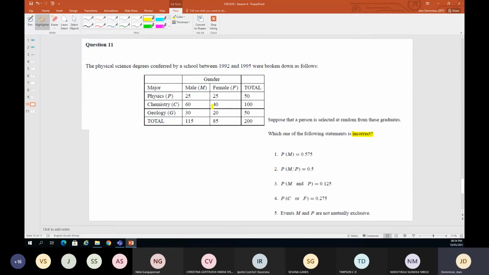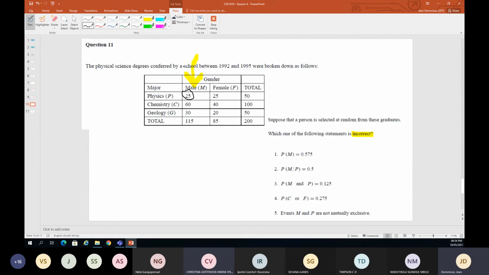Probability of M. Okay, so how would you calculate the probability of M? 25 divided by 200. Okay, so what you are doing with that is you're actually working out just the one, so it's actually 150, the whole column. Perfect.